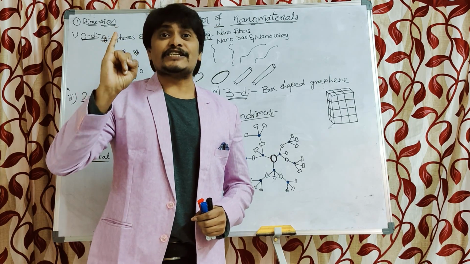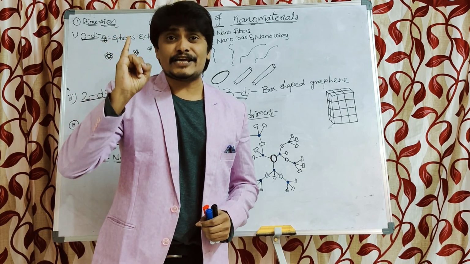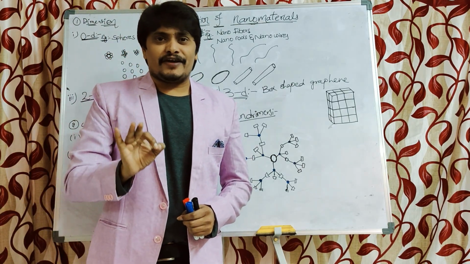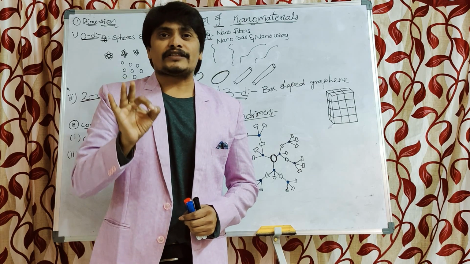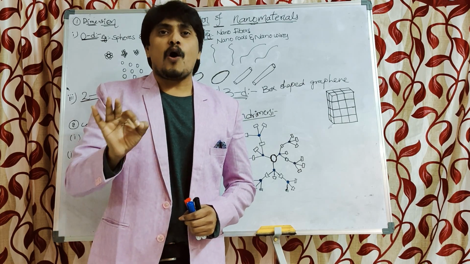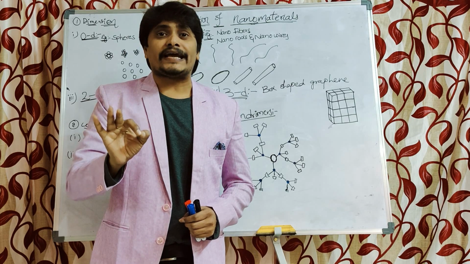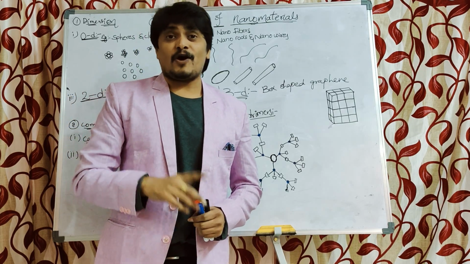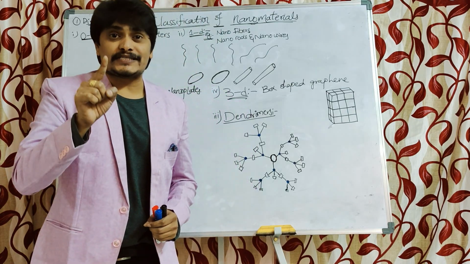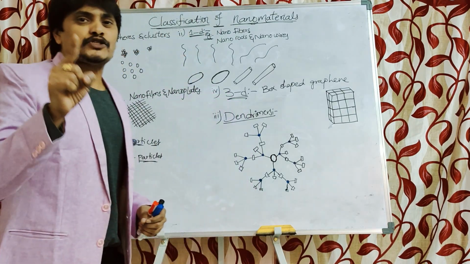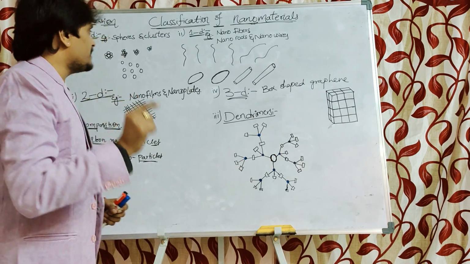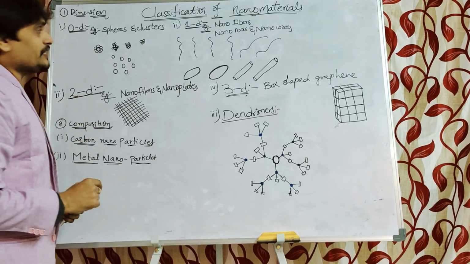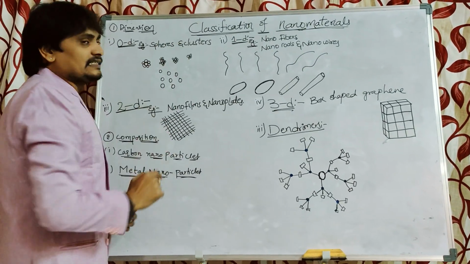First, zero-dimensional nanomaterials. Listen carefully. These are the nanomaterials in which all the 3 dimensions are in nanoscale. Examples of 0D nanomaterials are spheres and clusters.